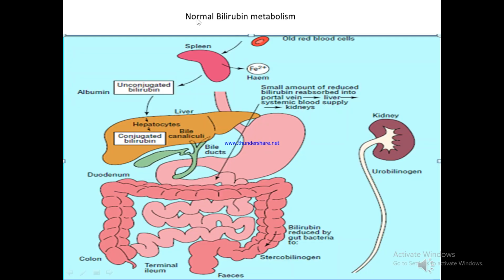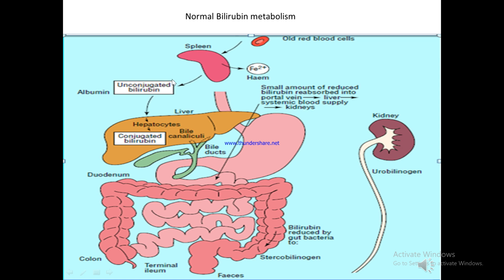Now we're talking about normal bilirubin metabolism or normal pathway. It can be summarized in 3 steps: pre-hepatic pathway, hepatic pathway, and post-hepatic pathway. In pre-hepatic pathway, bilirubin produced to the bloodstream as a result of the normal degradation of old red blood cells.